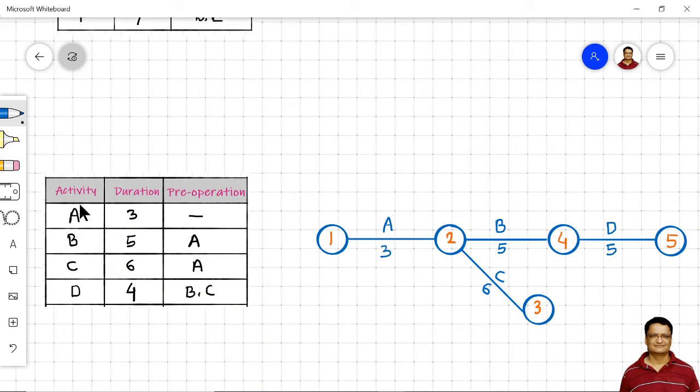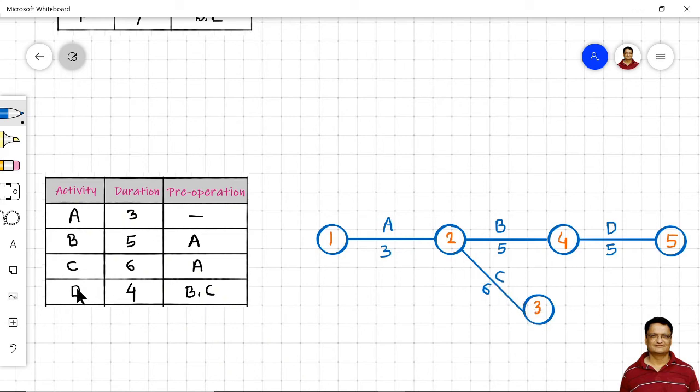Activity A does not have any precedence, so it will emerge from event number 1 and end in event number 2. Activity B will start once activity A is completed, so it will start where activity A is completed. From the same event, activity C will also emerge.